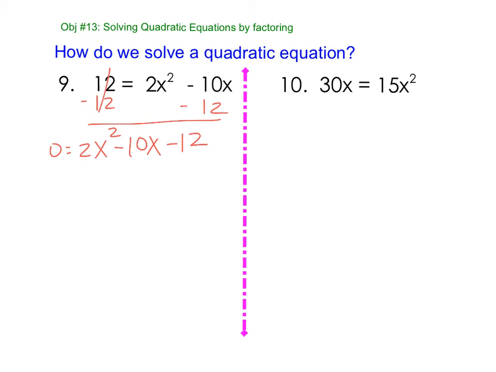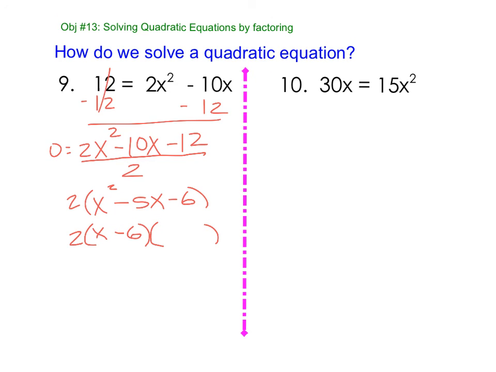Is there a GCF? There is. We can divide everything by 2. So x squared minus 5x minus 6. Now I'm going to factor that. It's an MC chart. We get x minus 6, x plus 1 equals 0.